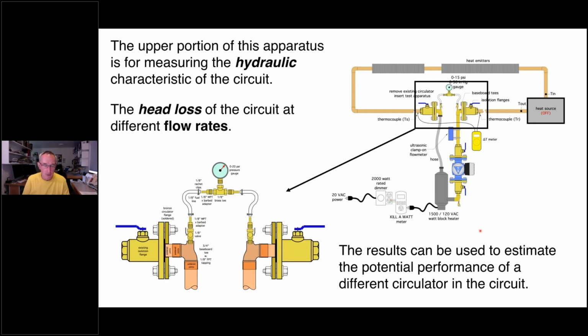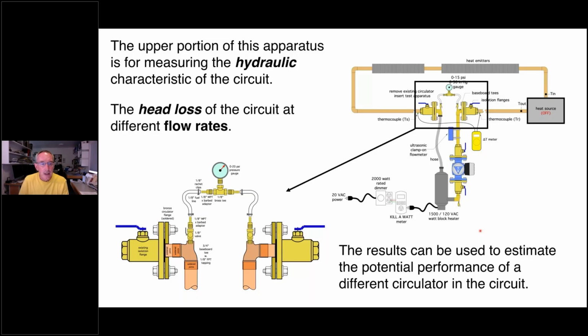Maybe somebody created a really long circuit, or maybe there's something in the circuit that has impaired the flow rate, some kind of scaling or some other effect. And we've decided, gee, we want to get more heat out of that last baseboard, so let's increase the flow rate. We're going to do that with a bigger pump. How much bigger pump? Well, this procedure will let you come up with a justified answer for that question.